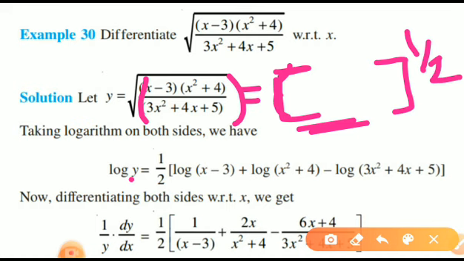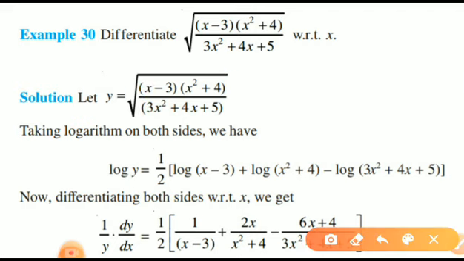Everything they have done in one step, and you will get log of x minus 3 plus log of x square plus 4, by using the property log m into n is log m plus log n, then log m by n is log m minus log n.